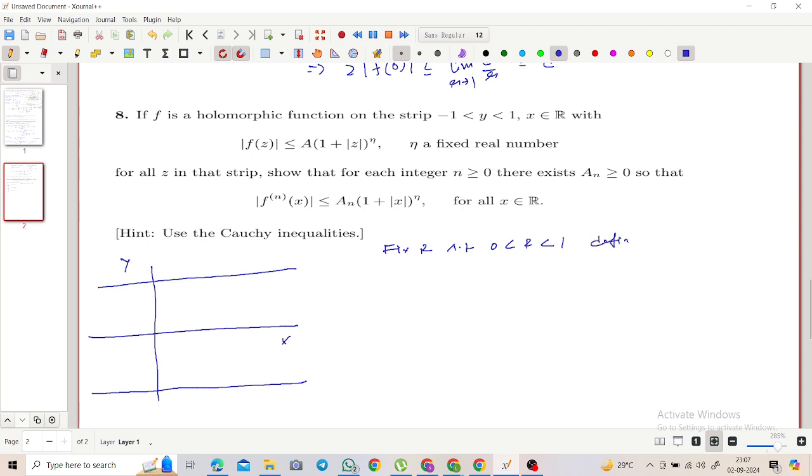Define C_r(x) to be, like you can already guess probably, the set of z belonging to C such that mod z minus x is r. Okay. So this is somewhere like here.